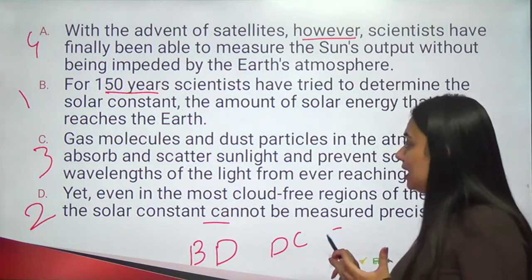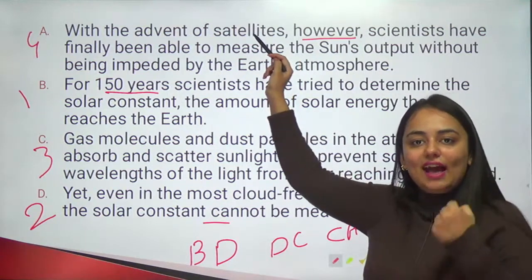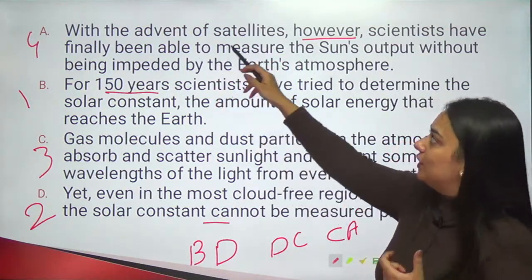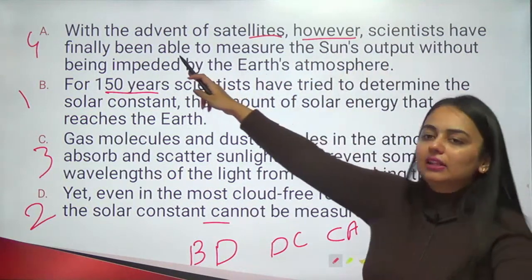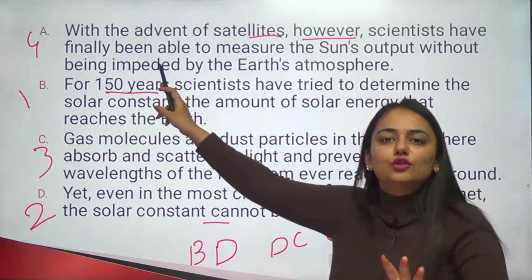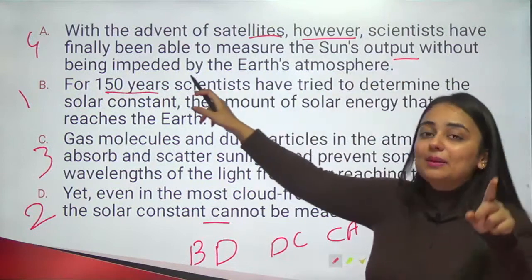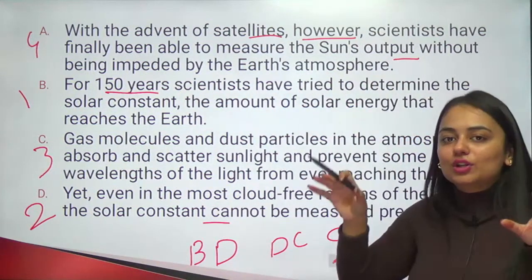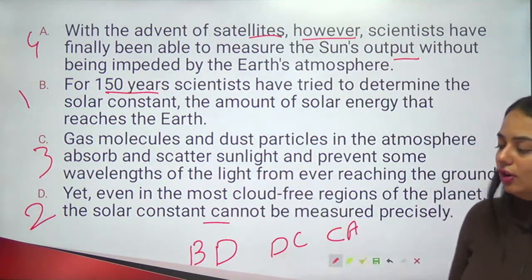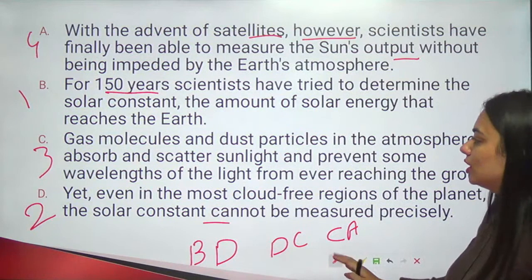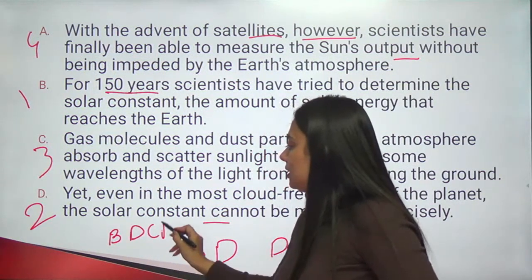Now, C and A is also forming a pair because now A is justifying and concluding the passage that with the advent of satellites, however, scientists have finally, as in it was really difficult, we were trying for so long, finally we are now able to measure the sun's output without being impeded by the atmosphere, Earth's atmosphere, which was explained here, that what were the problems or the hurdles to calculate the constant. I hope the order is now clear. It should be B, D, C, and A.